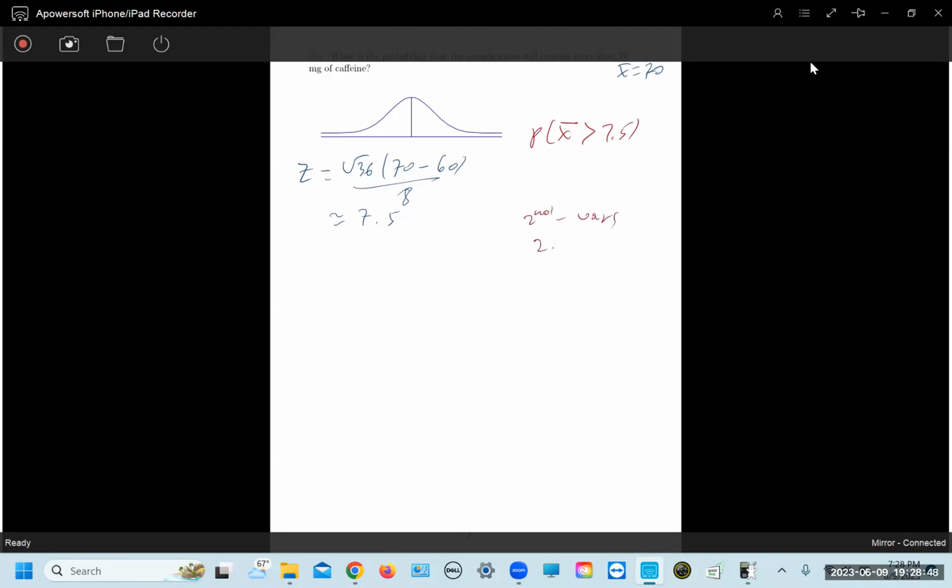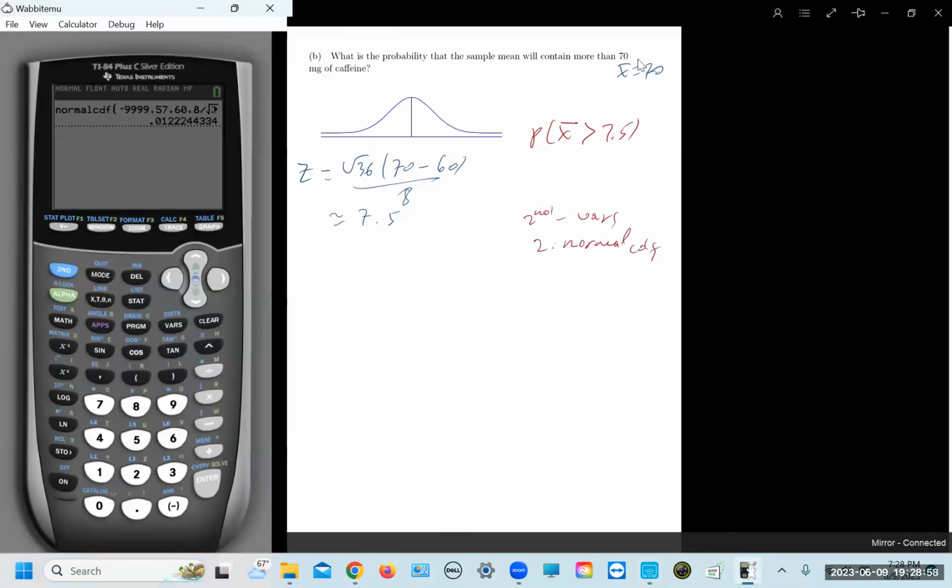We can do that with second vars, number 2, normal CDF. I can go with the calculator.